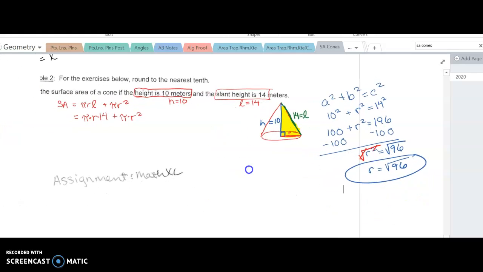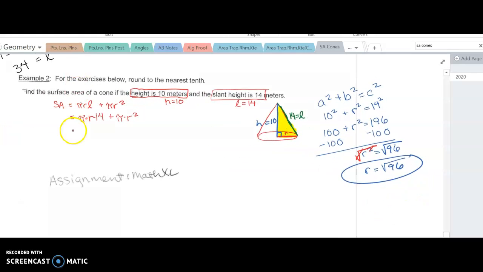Now we can go back to our formula. And so we said this was pi times square root 96 times 14, just plugging in that R, plus pi times square root 96 for my R. But remember, that's squared. So you might remember that square roots and squaring things are opposite of each other.